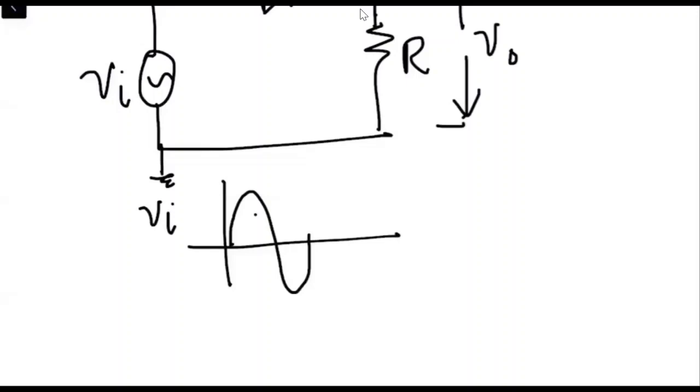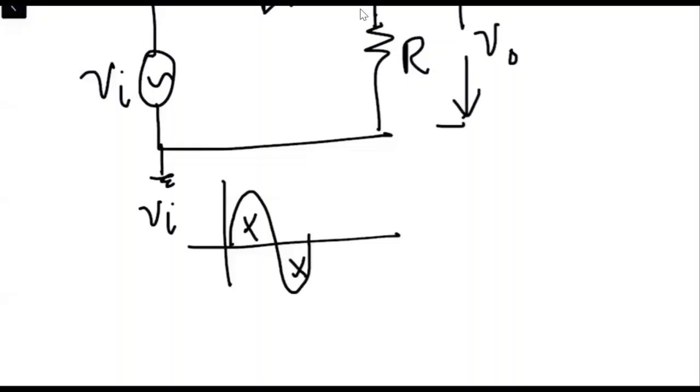So we have the positive cycle and we have the negative cycle, right? Okay? You know what an AC source is, right? Okay, so one is a DC source and one is the AC source.